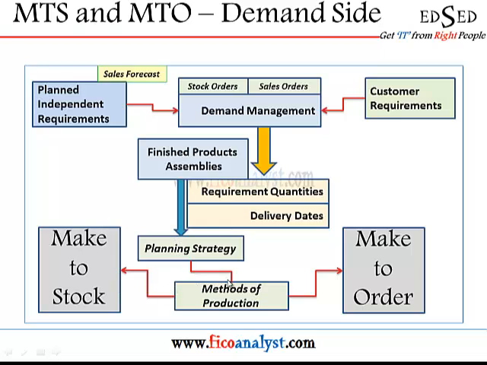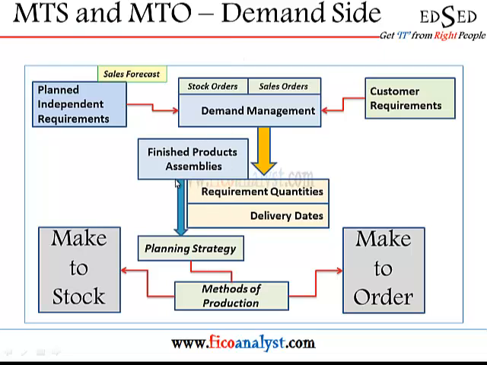So these are the two types of methods of production, basically the planning strategies. Of course, the production planning module is not that simple, but if you concentrate on these two scenarios, that covers a large portion of your production planning module. So this is all about the demand side.